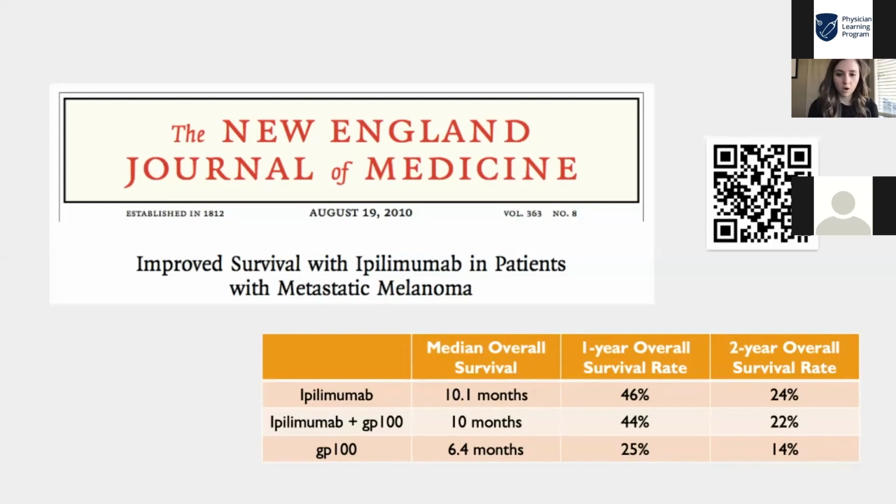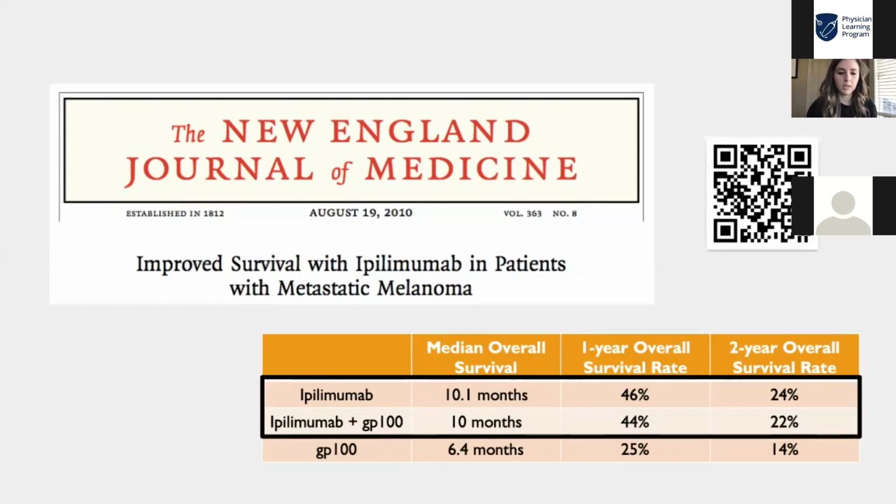For some context, the control group was a drug called GP100, a well-studied cancer vaccine that also induces an immune response, but has limited anti-tumor activity. So we can clearly see that either ipilimumab arm is superior in median 1 and 2 year survival when compared to control. And it was this trial that led to the approval of this drug in 2011 by the FDA.